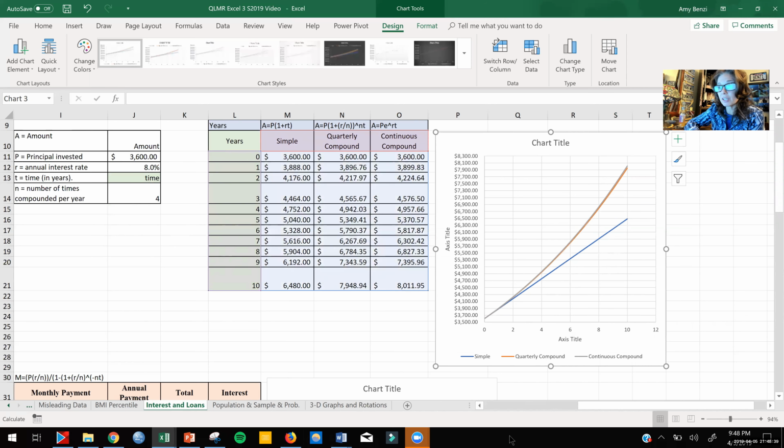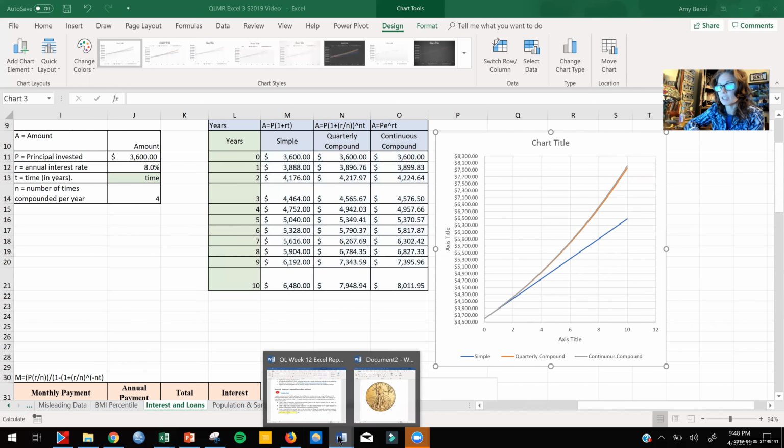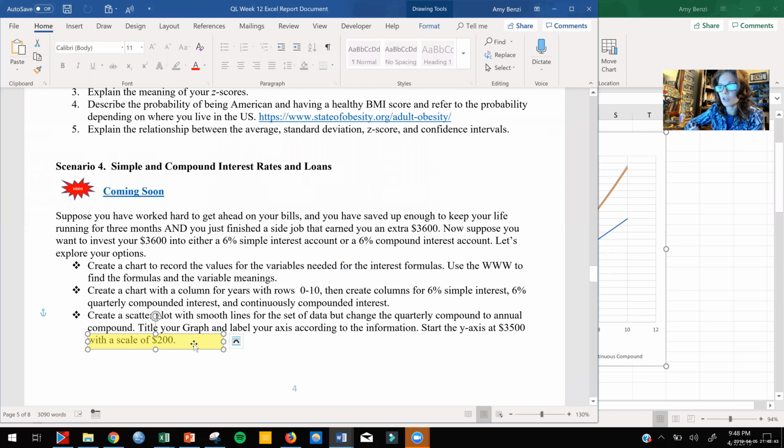Now, the other thing that it says in the instructions is to change the quarterly interest to annual interest. Yes, right here. It says, create a scatter plot with smooth lines for the set of data, but change the quarterly compound to annual compound.